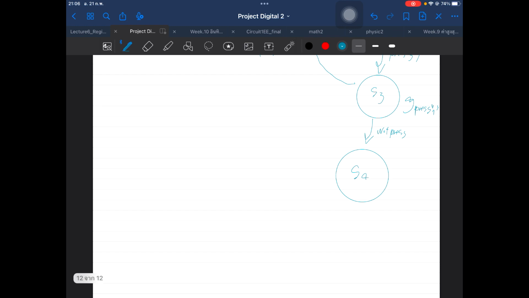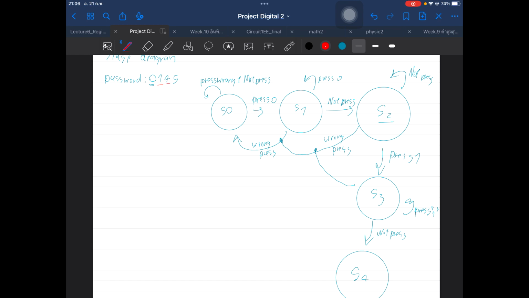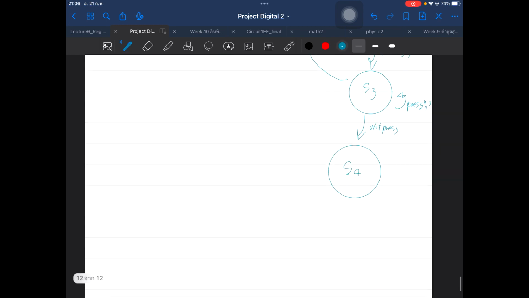In state 4, my password is 4. If you press the number 4, it will go to state 5 immediately. But if you do not press the number, it will stay in state 4.